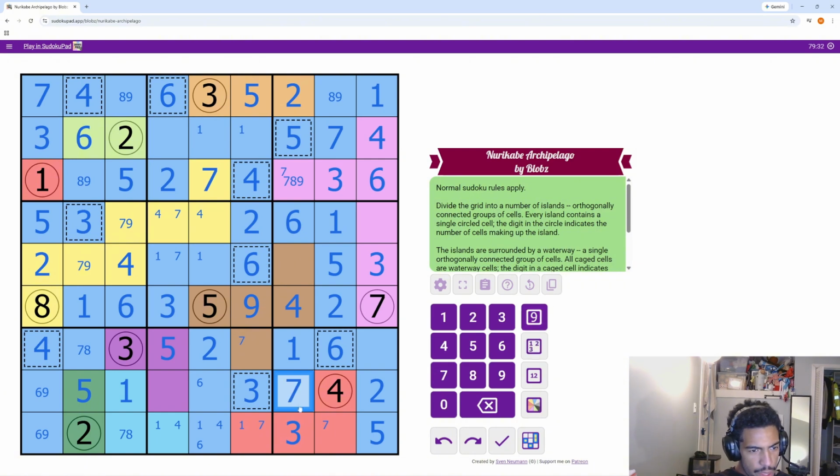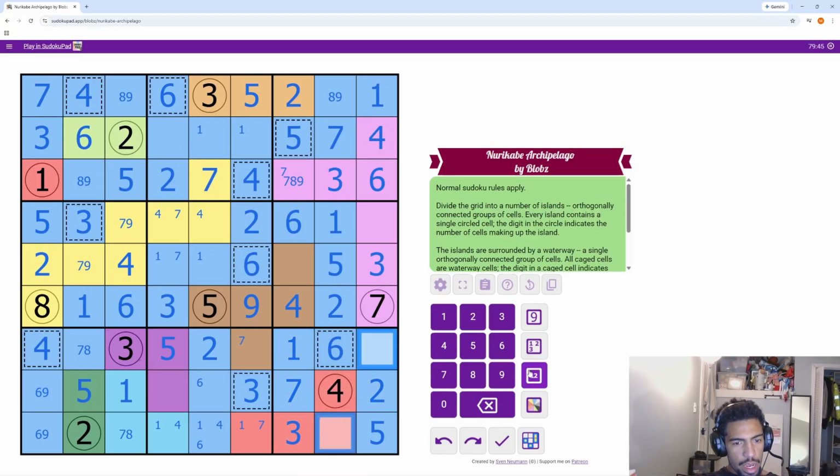So this is a 7. And then this box looks nice. 1, 2, 3, 4, 5, 6, 7. I have 8 and 9 left. 8 and 9 here. 8 and 9 here. This can't be the 7.